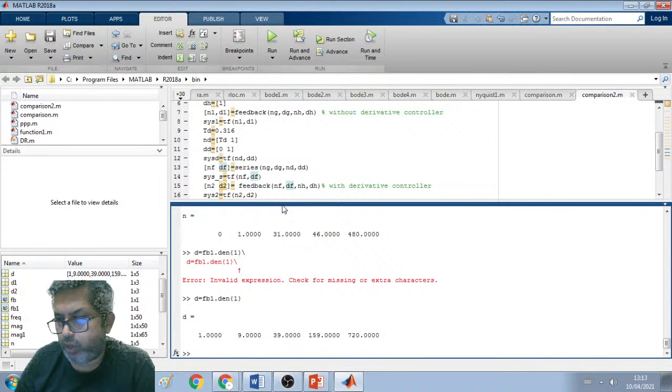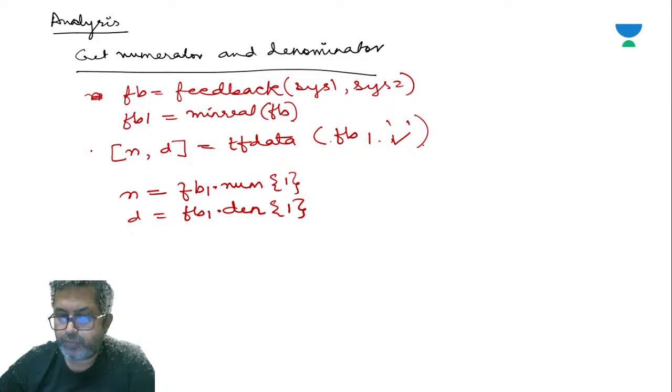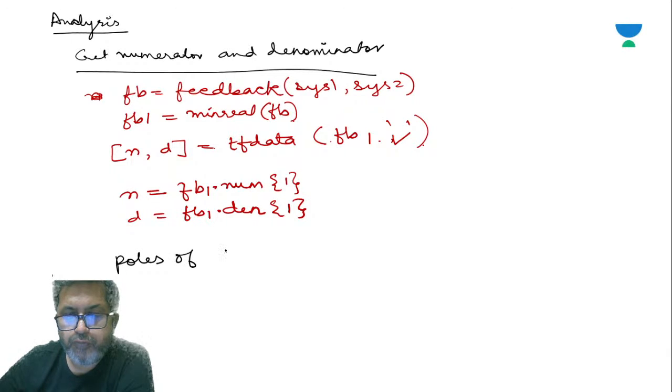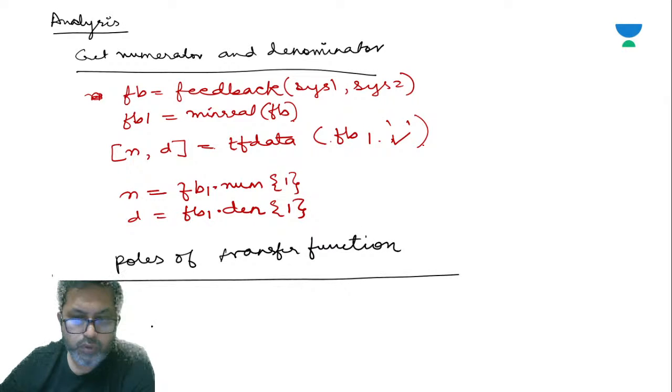I want to write down some poles of a transfer function. Let us go to analysis again. Poles of transfer function. So what is the solution of it?